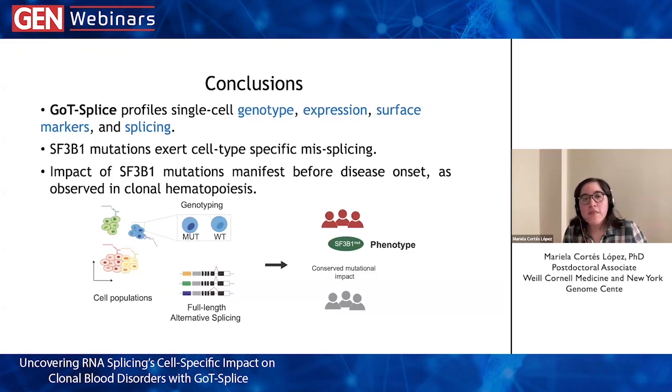But moreover, the impact of these SF3B1 mutations can be manifest before the disease onset. And this is important because this means that there are certain genes that are key for this conserved mutational impact, and the phenotypes are already present before the disease arises.